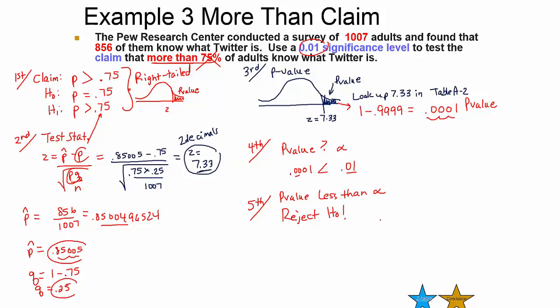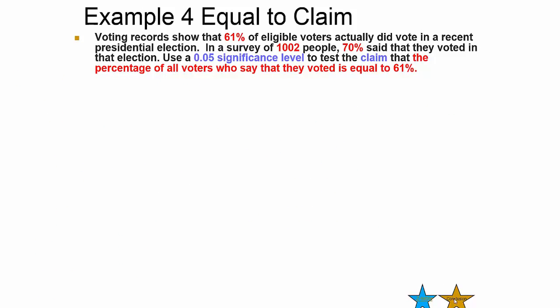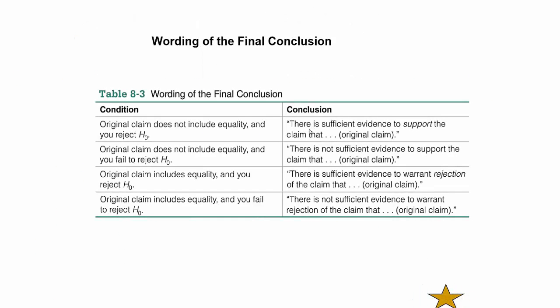Okay? So now let's figure out the wording that we need to form this conclusion. We know we're going to reject the null, and we know that our original claim was greater than. Okay, so to get the conclusion, if the original claim does not include equality and we reject the null, so we're looking at this first row here, we say there is sufficient evidence to support the claim that.